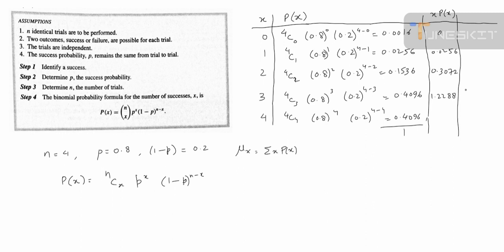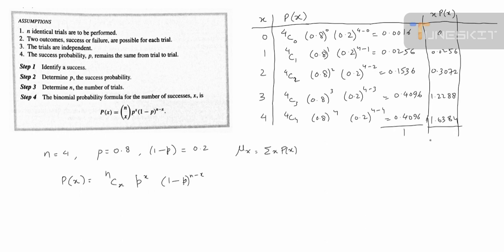Then 4 times 0.4096 gives you 1.6384. So adding all the values of this column will give you the mean value.